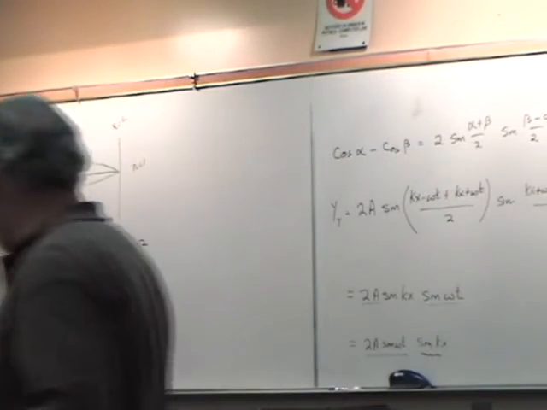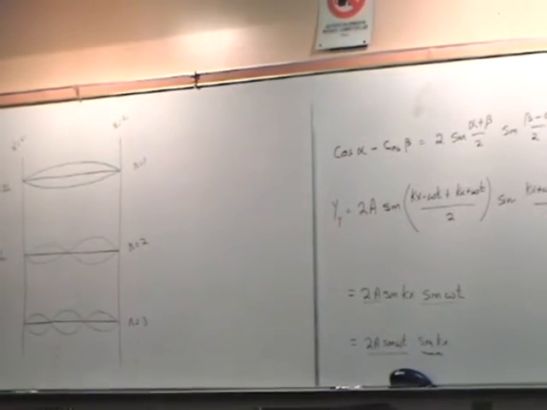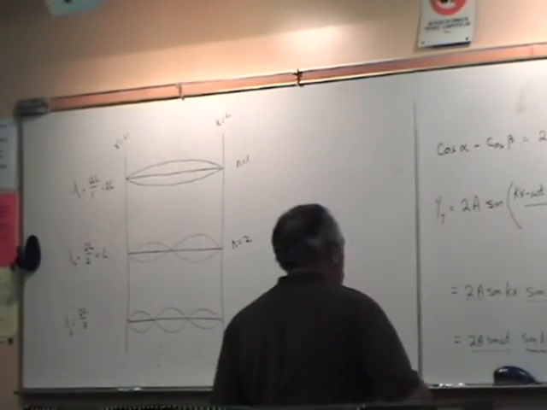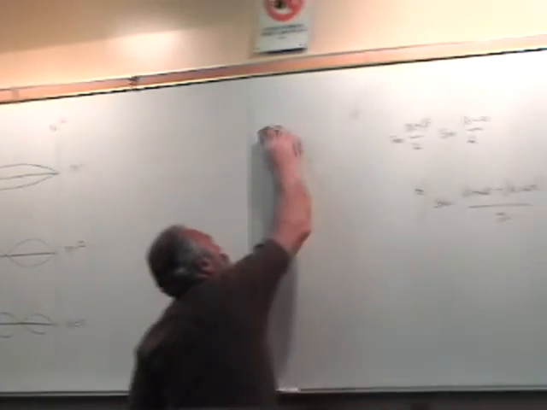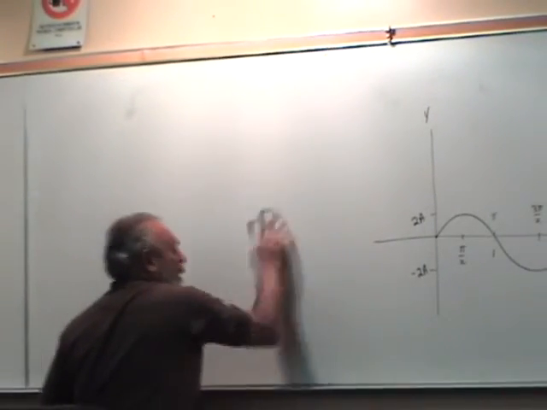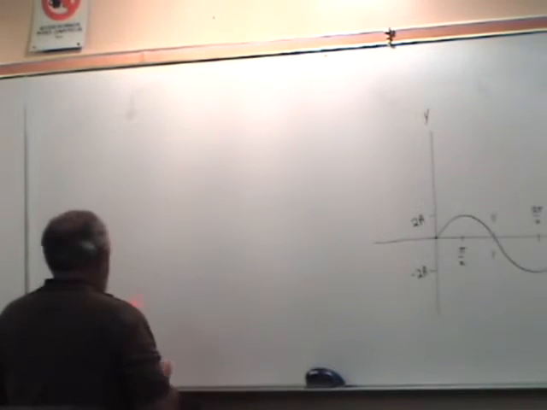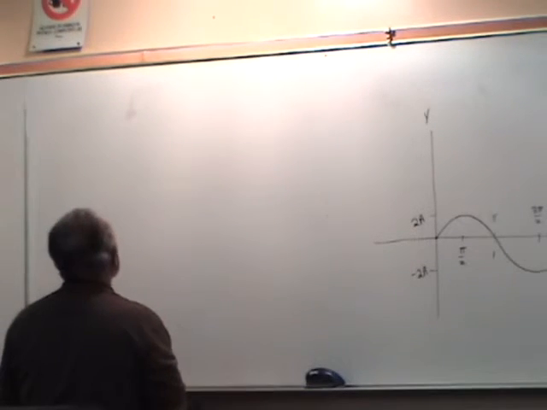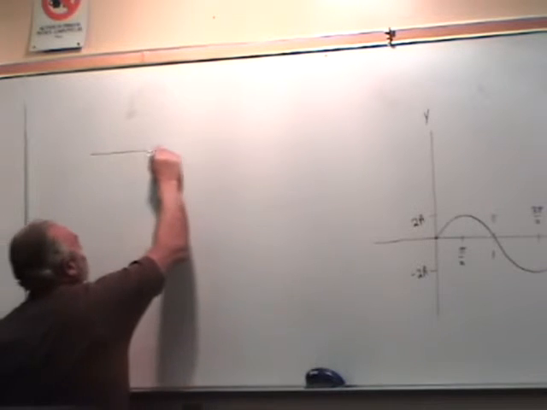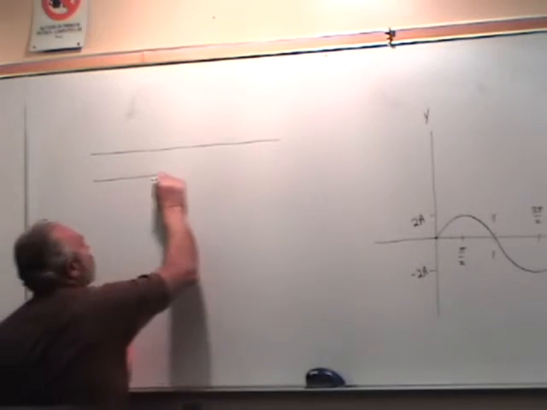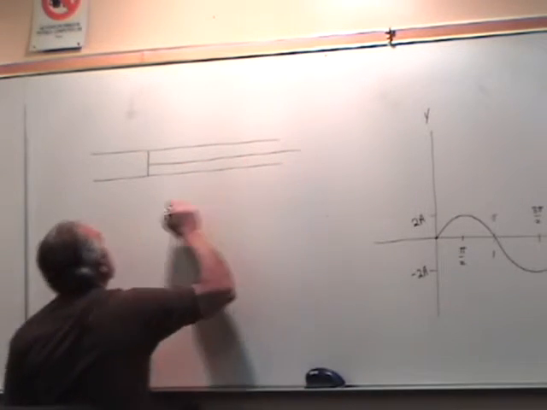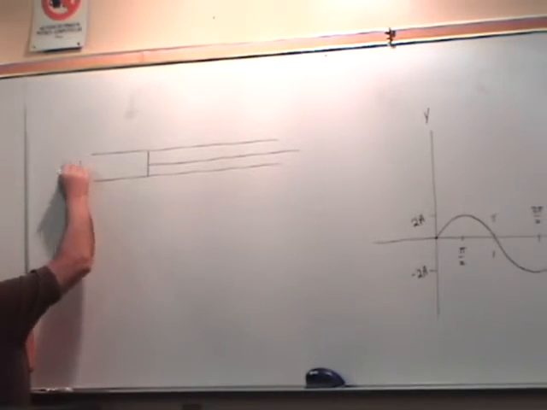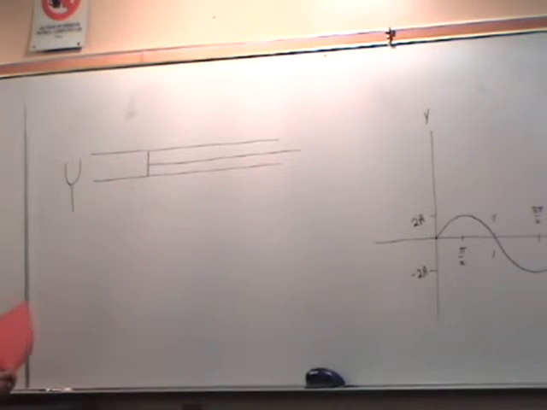Our experiment for this week was a hollow tube with a tuning fork out front. Let me just draw that, even though I know you know exactly what it looks like. We had a situation where a hollow tube, a piston at some position, a tuning fork, and we were listening for high amplitude sound.